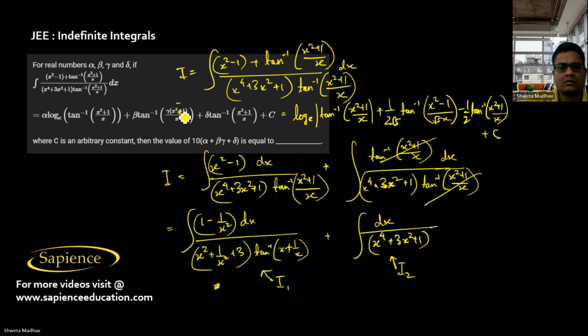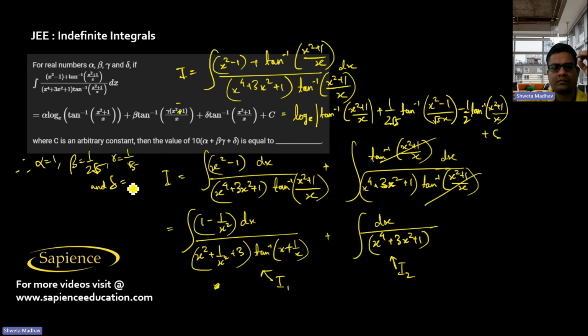So from here you can say alpha is equal to 1 and beta is 1 by 2 root 5, gamma is 1 by root 5, and delta is equal to minus 1 by 2.